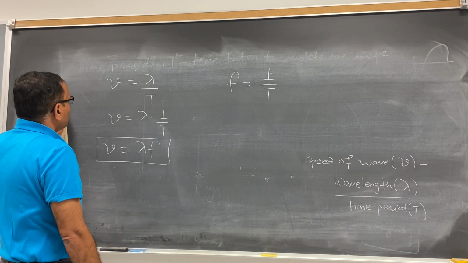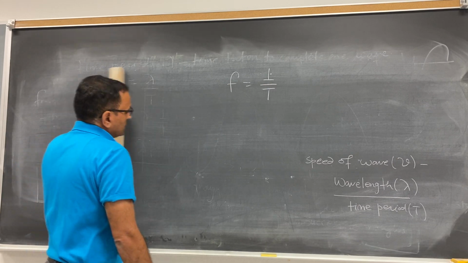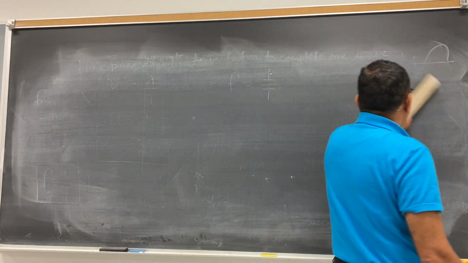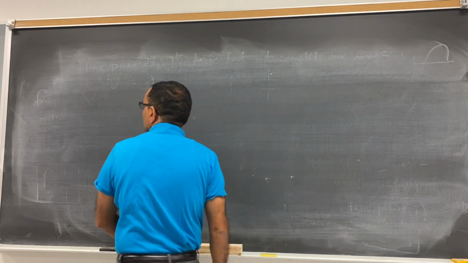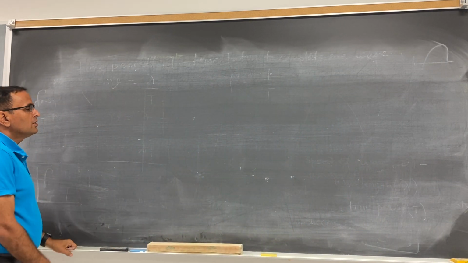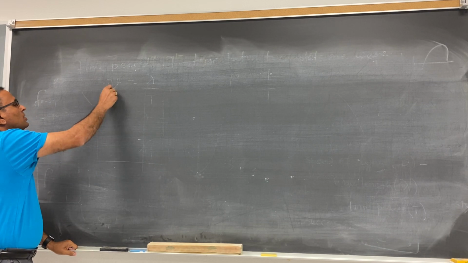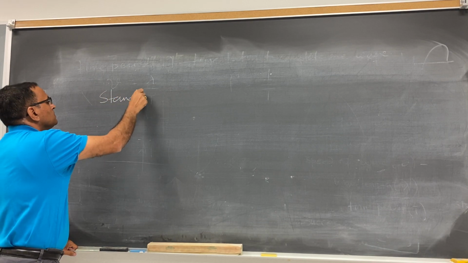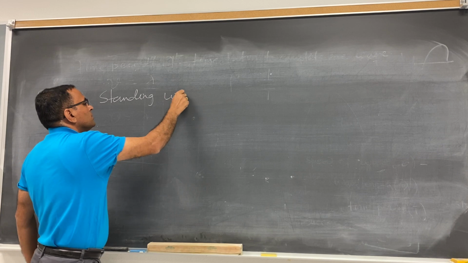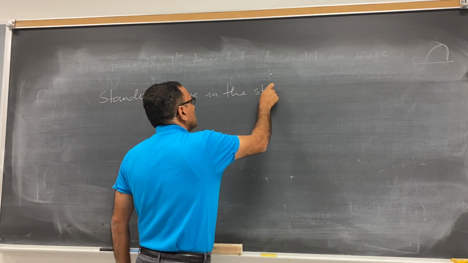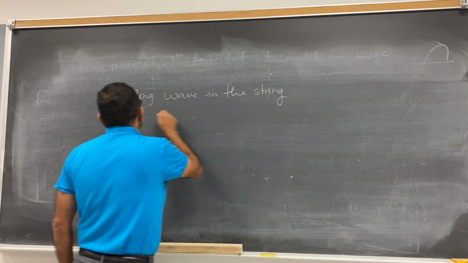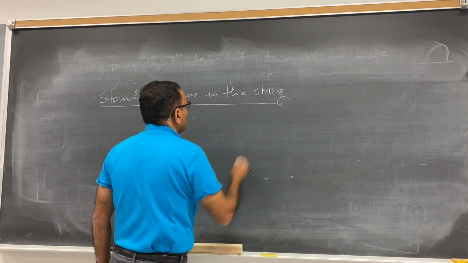And there is another one. We call it the standing wave in the string. This is a little bit difficult for you, so just quickly, the standing wave in the string. What is the standing wave then? Look at this.